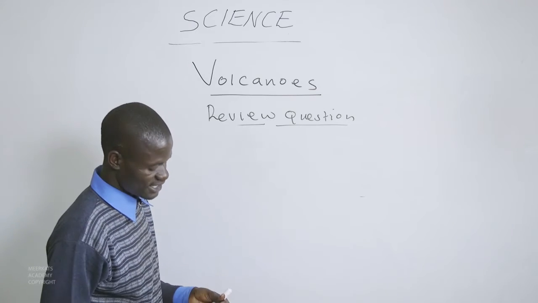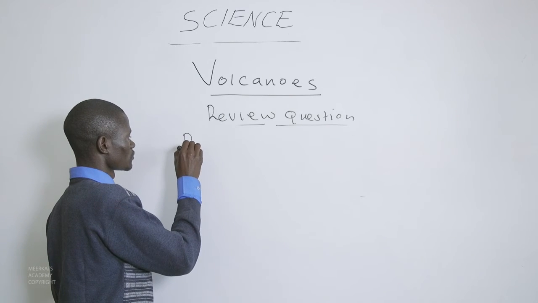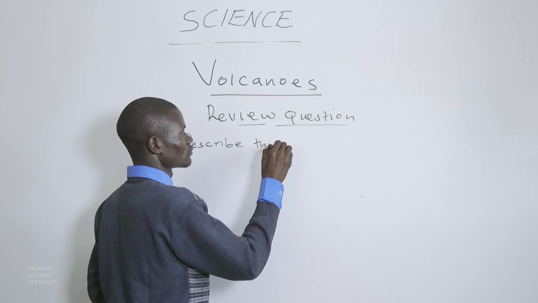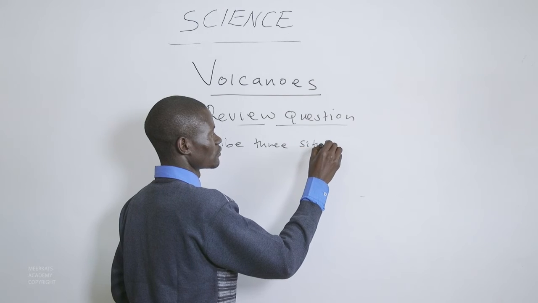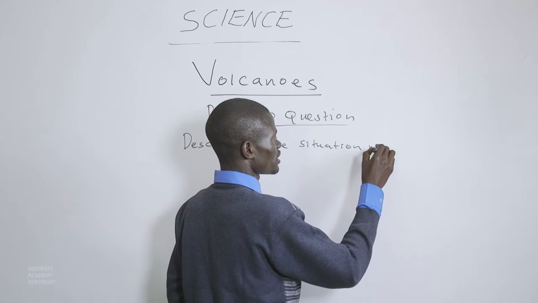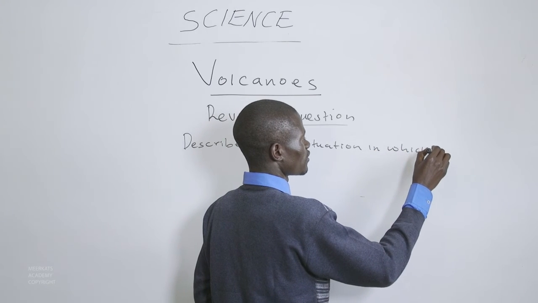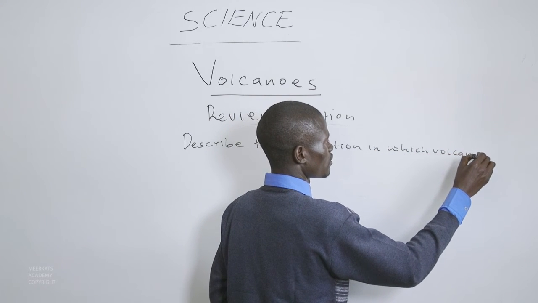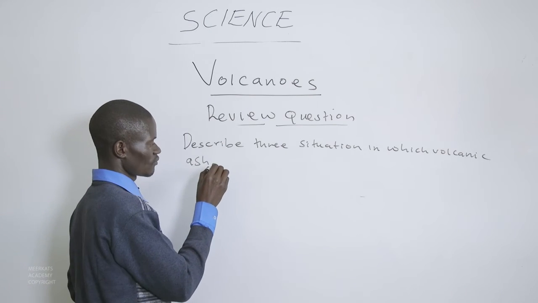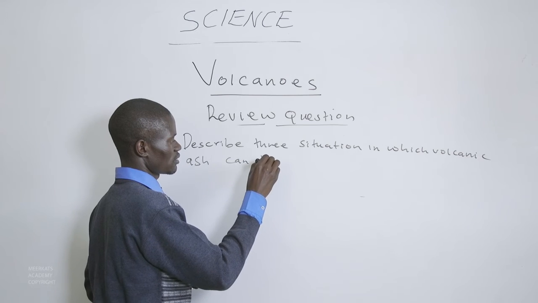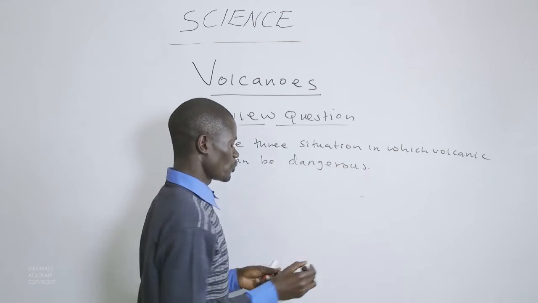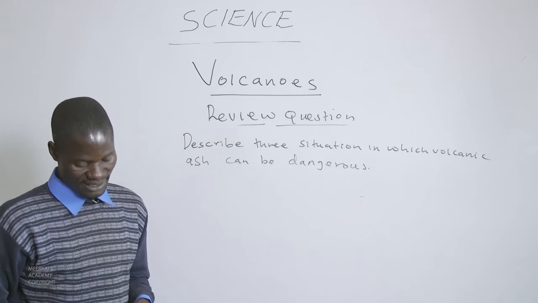Describe 3 situations in which volcanic ash can be dangerous. Quickly, you can remember 3 incidences.